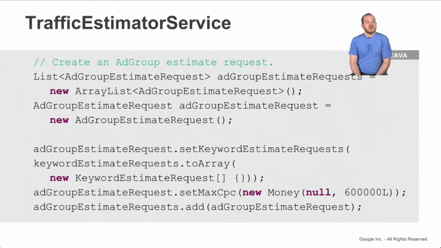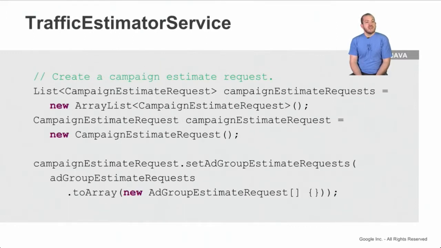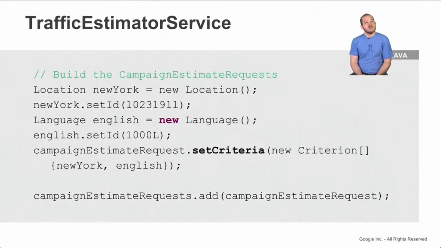So this will throttle and control the estimates you get back, assuming that that's your CPC. So you add that ad group estimate request, and you want to wrap that up finally in a campaign estimate request. So here's where you can actually set some options that exist at a campaign level if you want to configure things that way. In this example here, we take the ad group request, we wrap it up in the campaign estimate request object, and at the campaign level, we can actually set the location and language for this campaign.